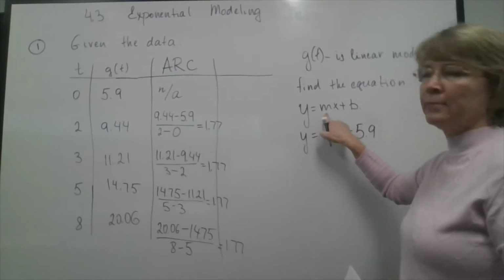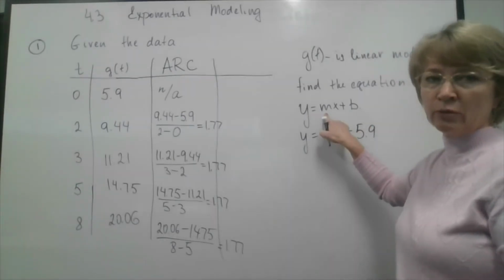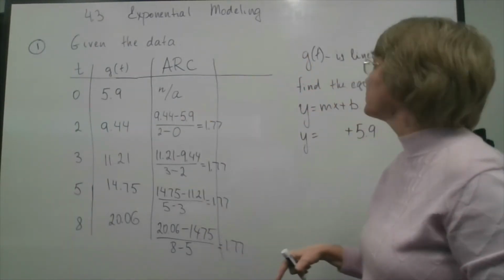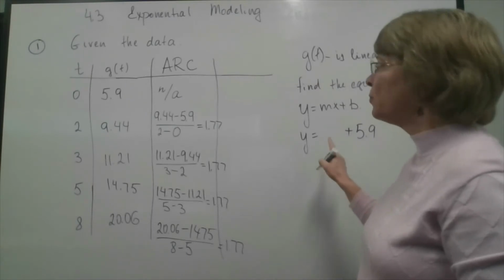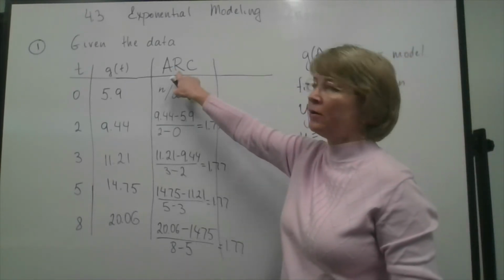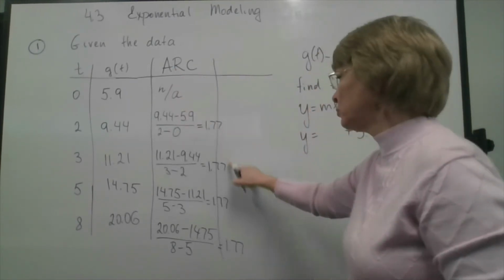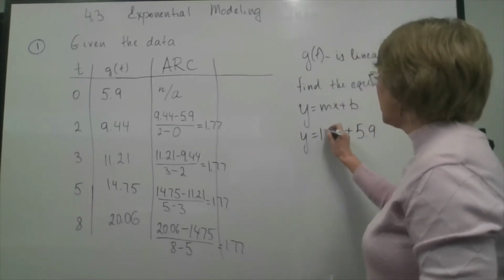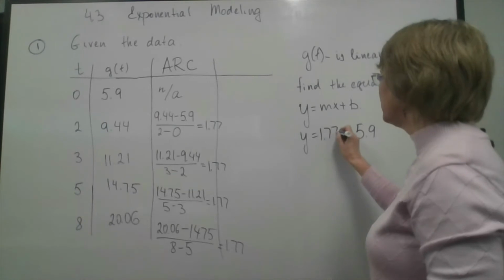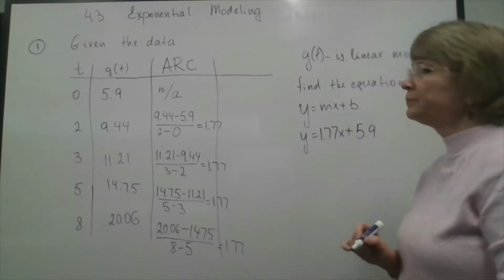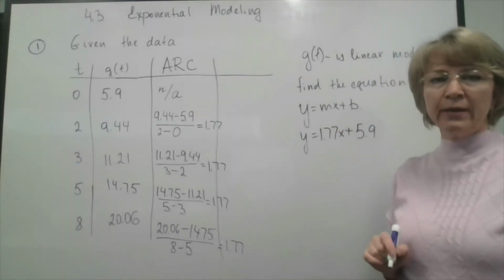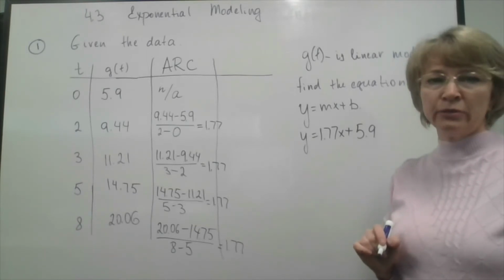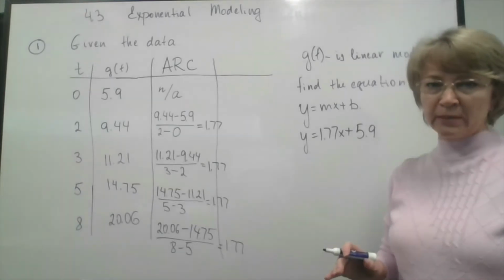Do we know m? M is our slope. When we talk about linear modeling, slope has the same name as average rate of change. And we know that all the average rates are the same. So our slope is 1.77x. You learned this already. You had a similar problem on test number 2. So you are good with this material.